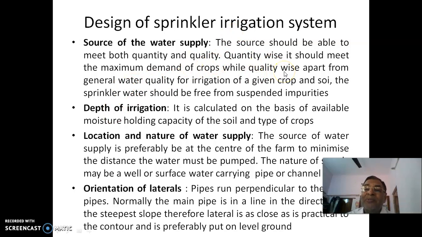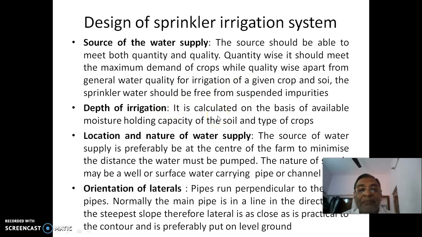Quality wise, apart from the general quality of irrigation water, as covered earlier, sprinkler water should be free from suspended impurities, because once the water has suspended impurities, the nozzles get clogged.